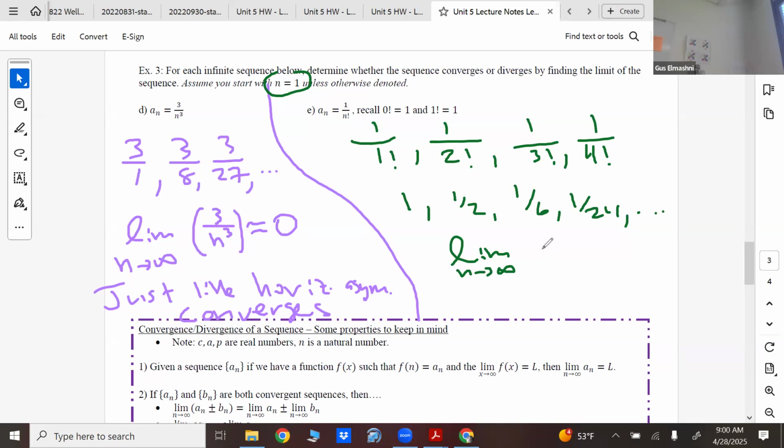Whenever the degrees were the same for a rational expression, that had a limit, right? So that would still converge. And actually, we saw in part A, the previous problem, that was 4. So this will converge still.